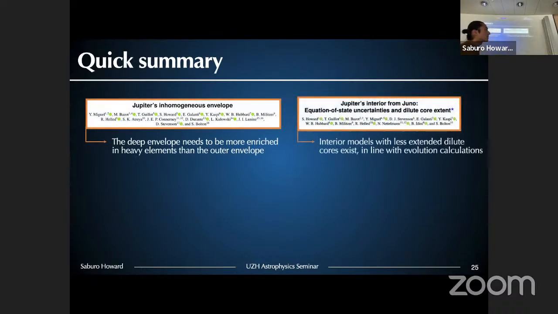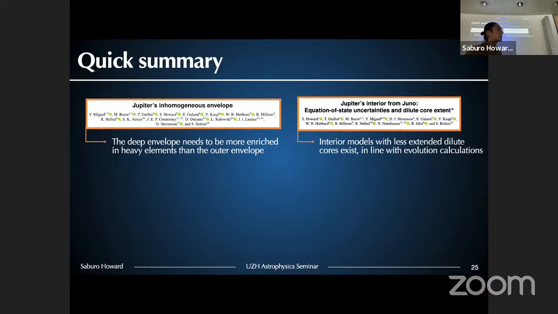The first one suggested that the envelope inside Jupiter is inhomogeneous, and you really need an inner envelope that is enriched compared to the outer envelope. And in the second paper, we are able to find interior models that are more in line with those evolution calculations. But of course, those models are very sophisticated, but they are not perfect, right?